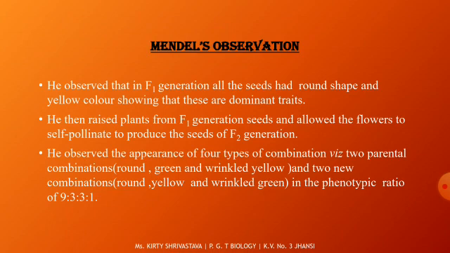He also observed that when flowers of F1 generation were self-pollinated to produce the F2 progeny, four types of combinations, that is, two parental combinations, round green and wrinkled yellow, and two new combinations, round yellow and wrinkled green, appeared in the phenotypic ratio of 9:3:3:1.